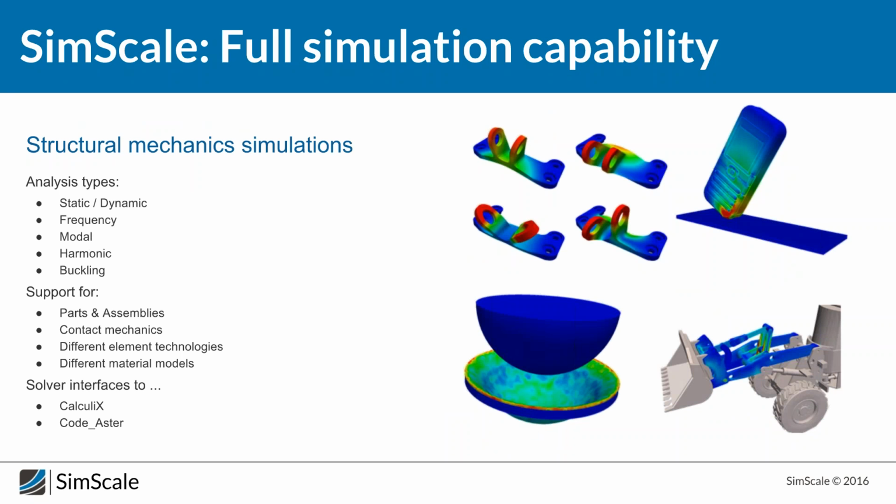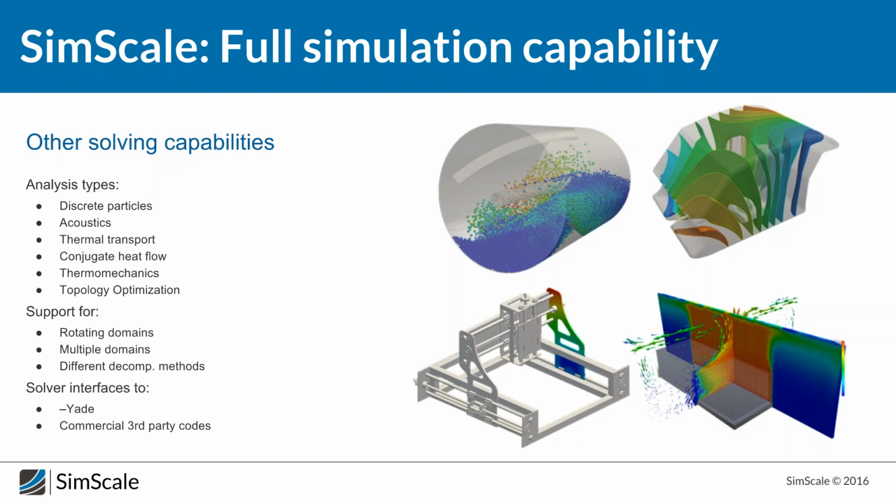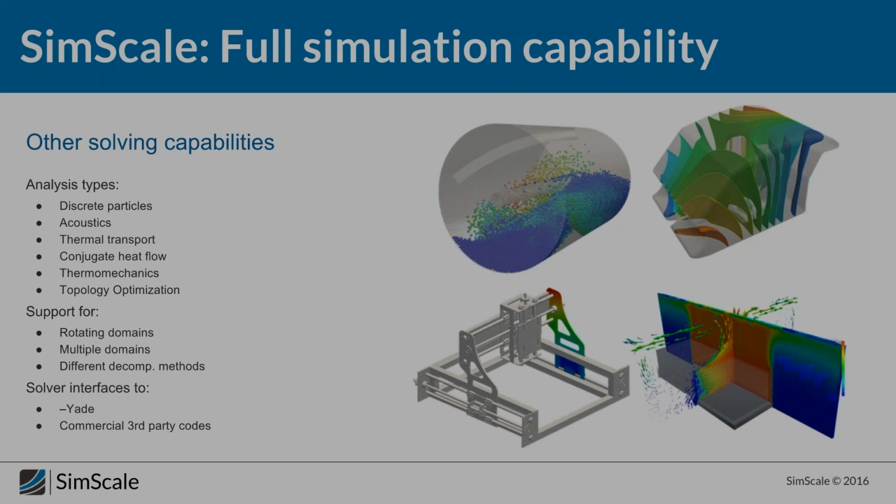Further, we take a step more. Now, with the same package, you get immediate access to structural mechanics with static, dynamic, frequency, buckling. You just name it. But that's not it. You go with particle analysis, multi-physics problems like conjugated heat transfer problems or thermomechanical optimizations. With rotating zones, different capabilities, and solvers that allow you to make advanced simulations in your web browser.